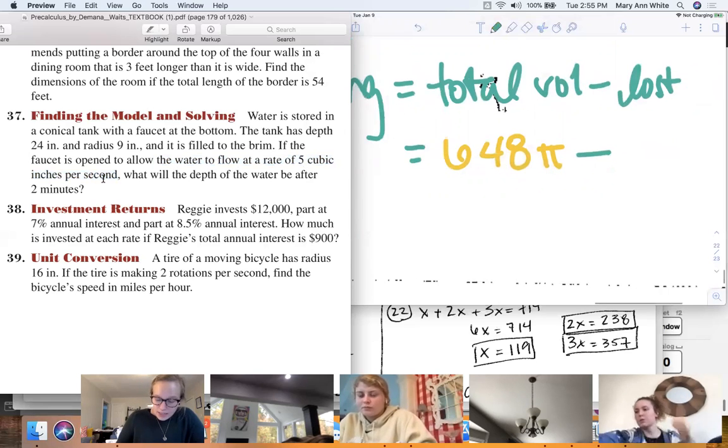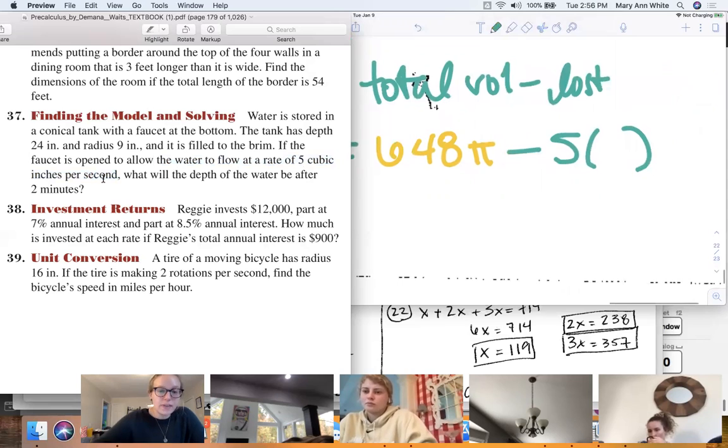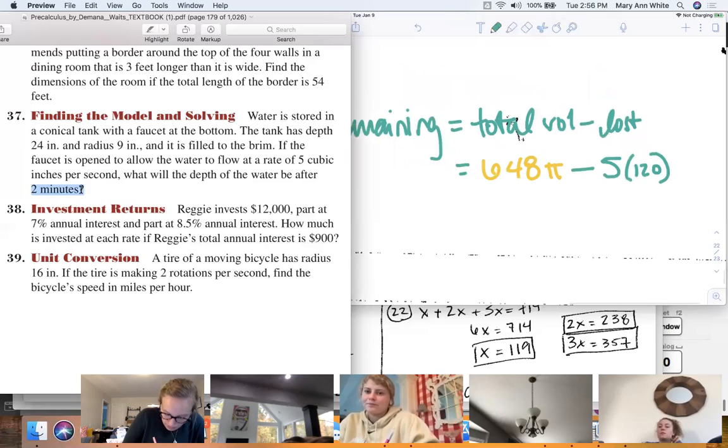Well, 648 pi is also in cubic inches. So I'm going to do 5 times, it says 5 inches per second. If I'm going for 2 minutes, I can know how many seconds that is. In 2 minutes, there's 120 seconds, right? So I can do 5 times 120 and subtract that from my total volume, and that will tell me what the remaining volume is going to be.